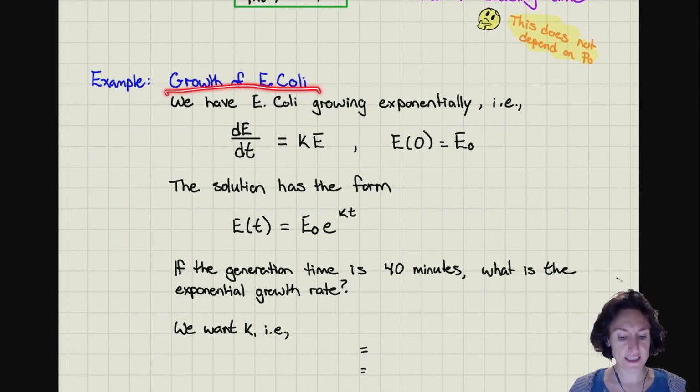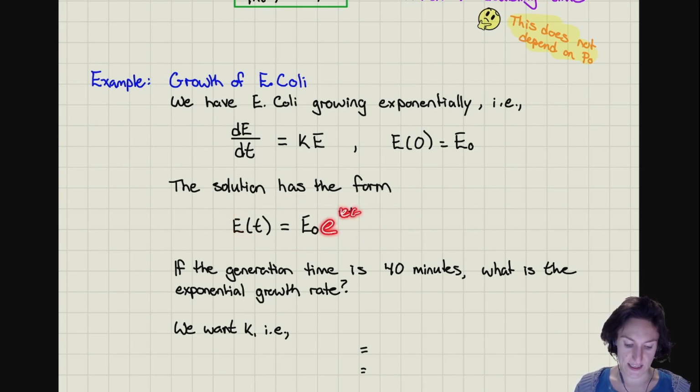Now let's look at an example of where this could be useful. Say we have E. coli growing exponentially. In other words, at the initial time we have a certain population of E. coli. So we know that the solution has this general form: E of t is equal to E naught e to the power of kt.